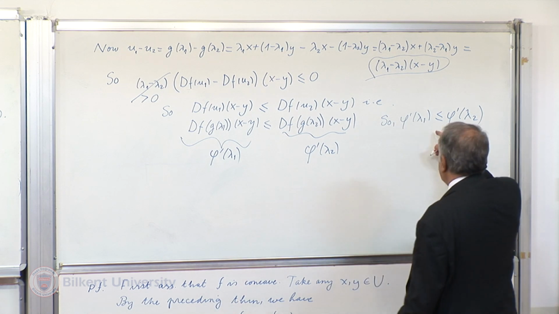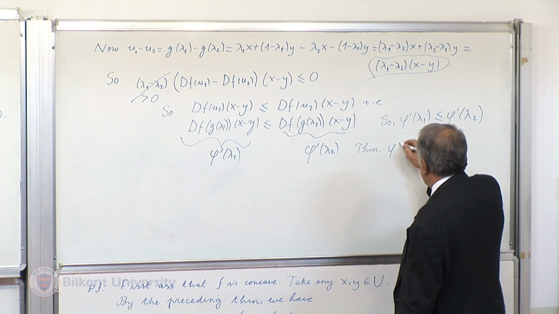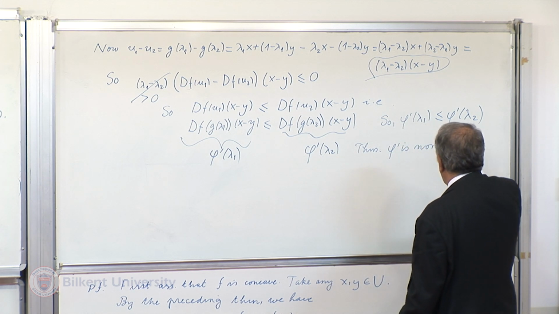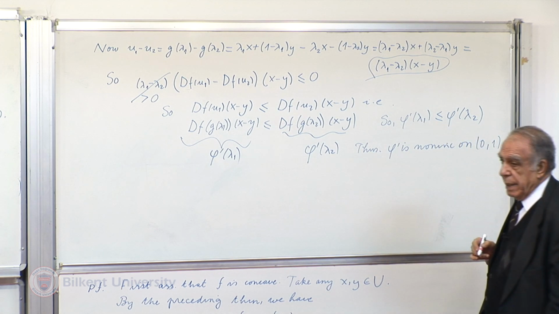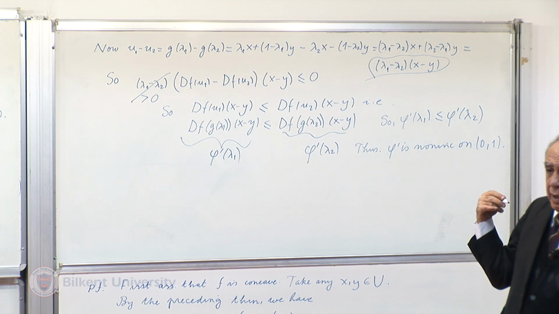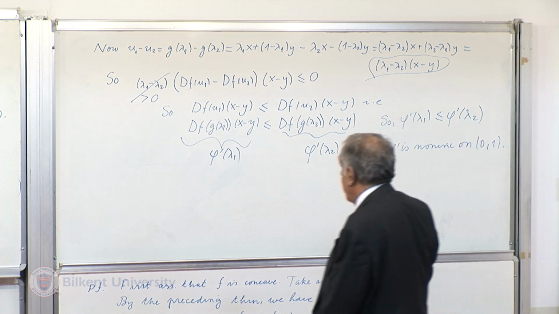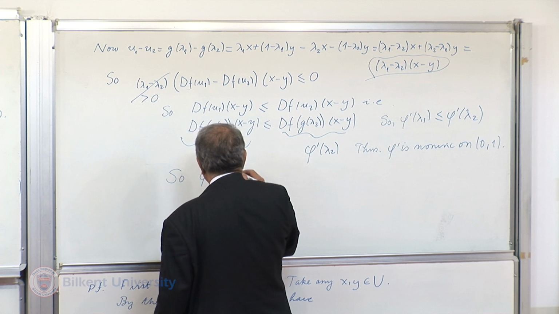Well, having this, thus phi prime is non-increasing on 0, 1. But from one-dimensional calculus, we know that that means phi is concave. So, phi is concave.